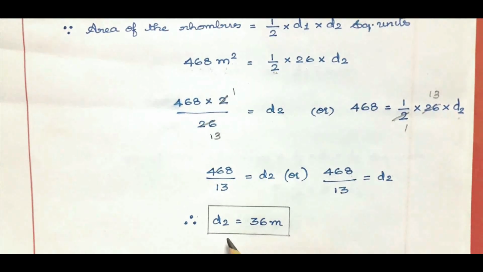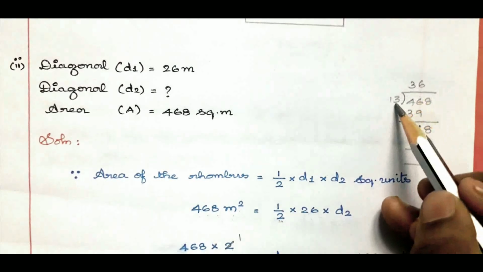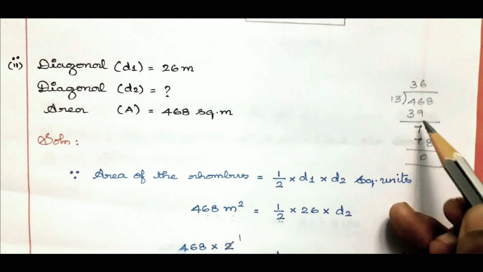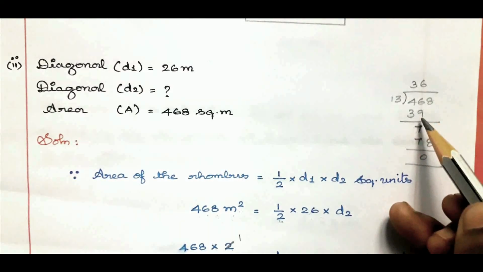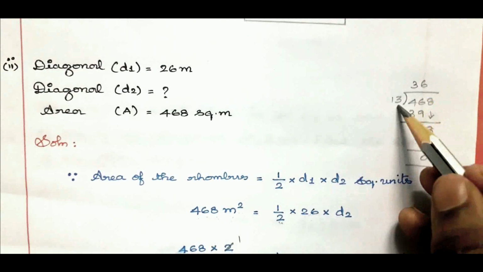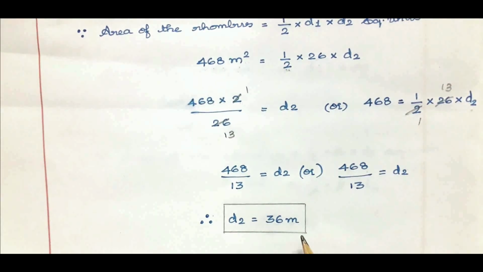Therefore d2 is equal to, when you divide 468 by 13, 3 times 13 gives you 39. Okay, so when you subtract, you will be getting 16 minus 9, it is 7, and 8 as it is comes down. So 6 times 13 gives you 78. Therefore the answer is d2 is equal to 36 meter.